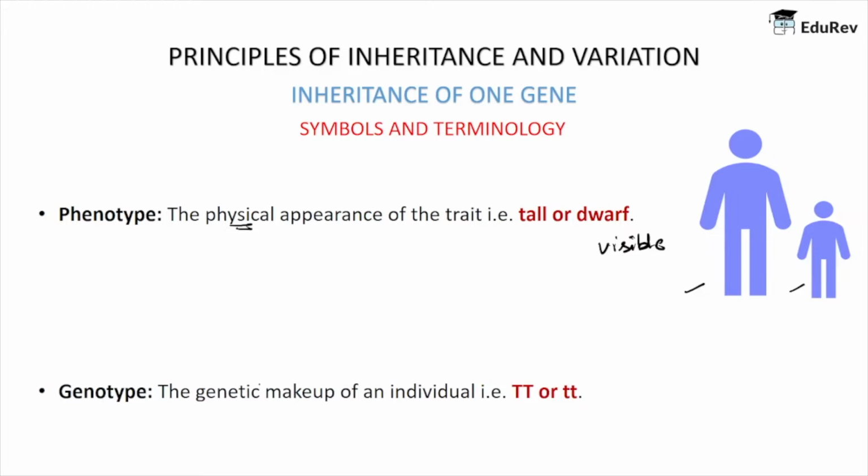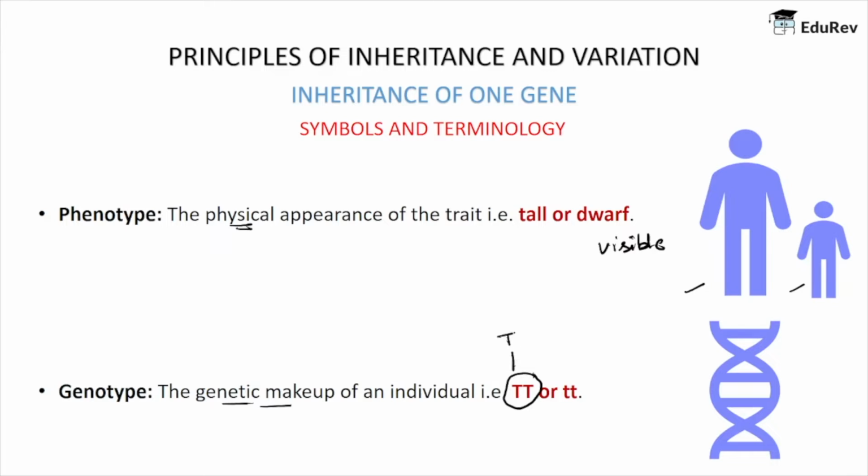Genotype is the genetic makeup of an individual. If a person is tall, the genetic makeup for that person will be capital T. And if a person is dwarf, then the genetic makeup for that person will be small t.